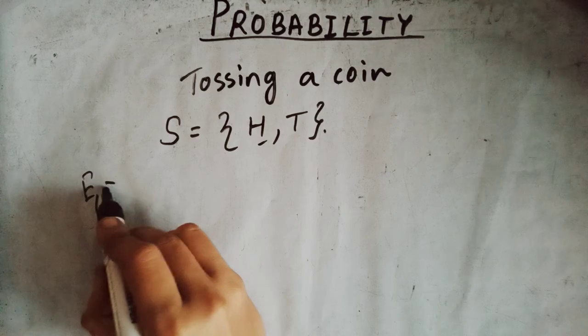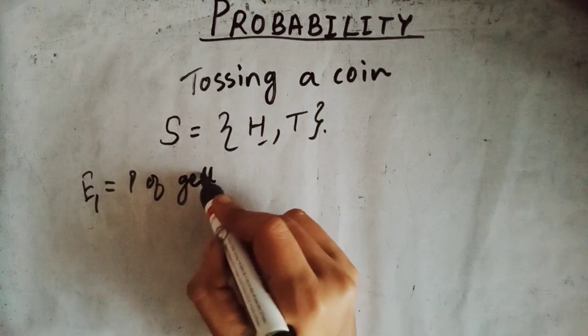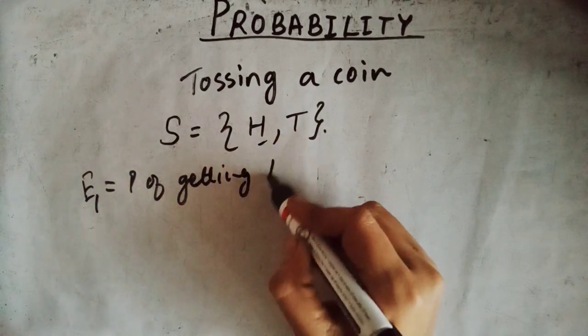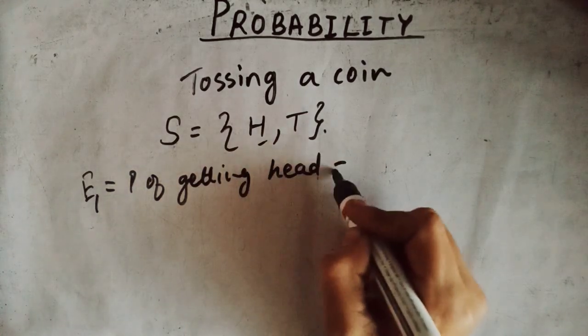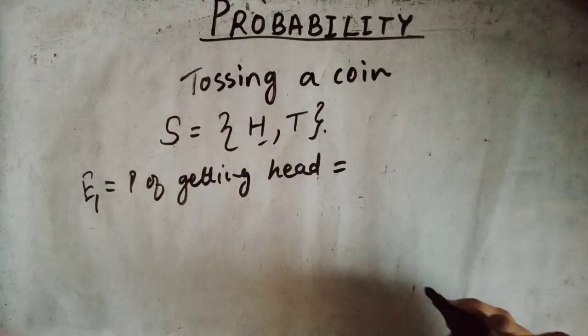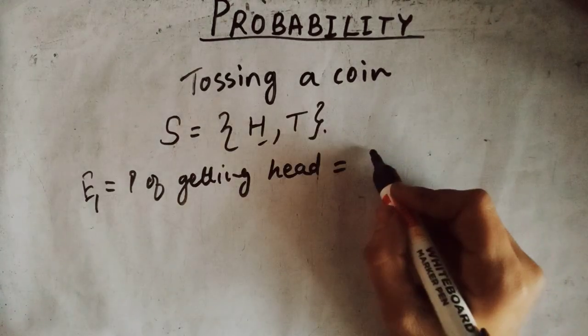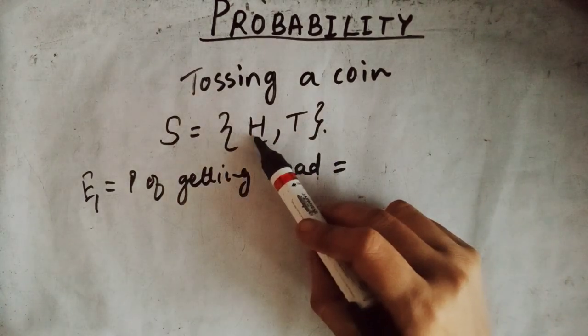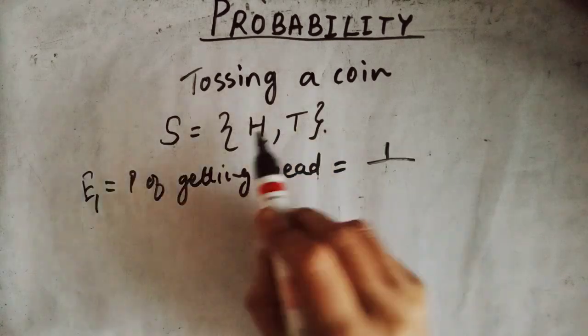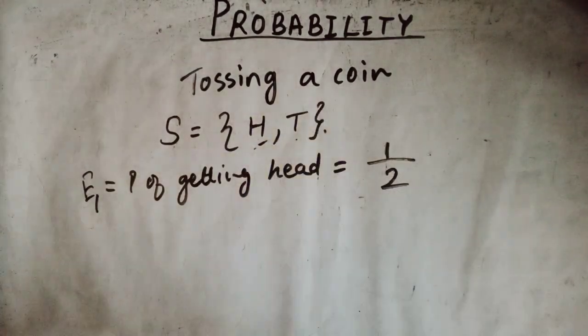The probability is the number of favorable outcomes upon the total number of outcomes. The number of favorable outcomes is 1 and the total number of outcomes is 2. So the probability of getting a head is half.